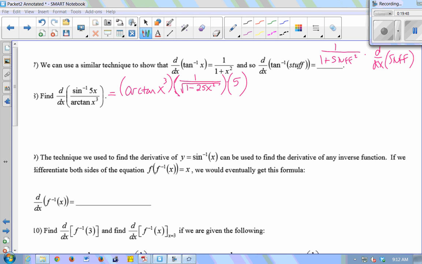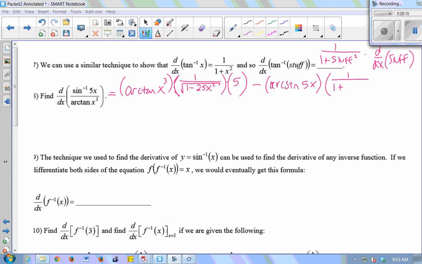So there's the denominator times the derivative of my numerator minus the numerator times the derivative of the denominator. Well, the derivative of arctan of some stuff is 1 over 1 plus the stuff squared. So this is going to be 1 over 1 plus x cubed, that is my stuff.